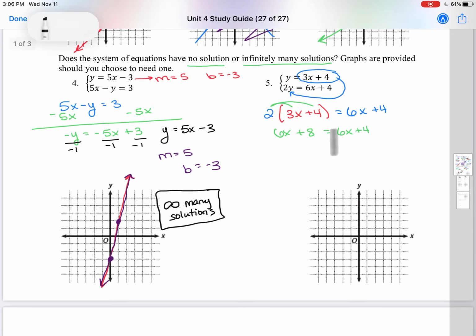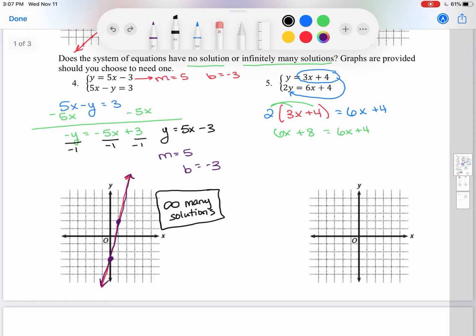And when you notice, your x terms are on opposite sides of that equal sign, so I cannot combine them as they are. I have to move them, or move one of them. So I'm going to move that 6x that falls on the right side of that equal sign. That tells me I want to subtract a 6x, and whatever I do to one side, I get to do to the other.